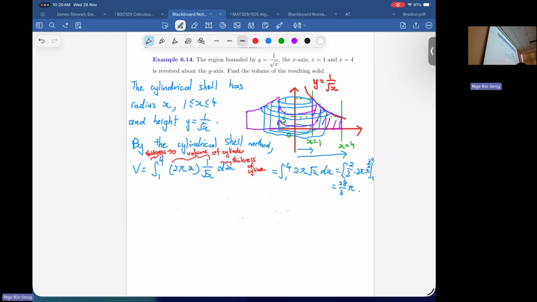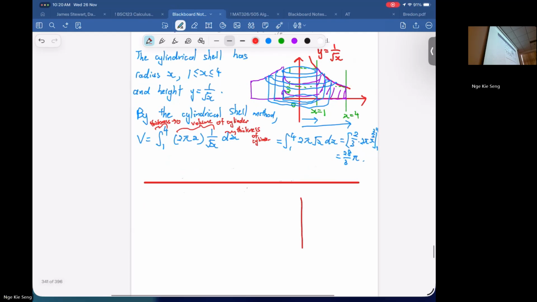Let's draw the shape again. We're going to slice this shape in a different way. Let's keep the purple part only, so we know where it comes from now.